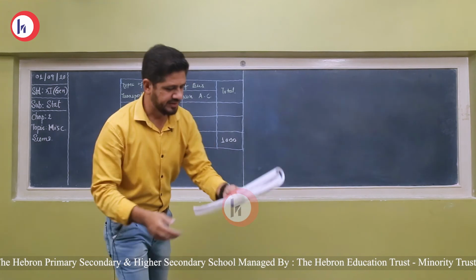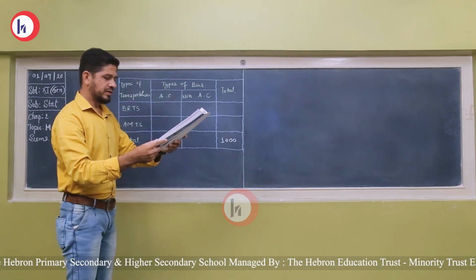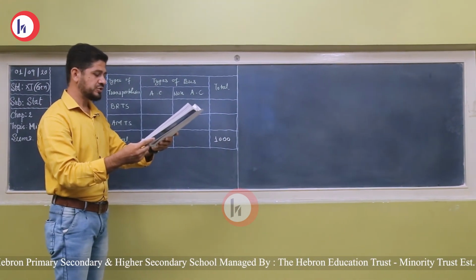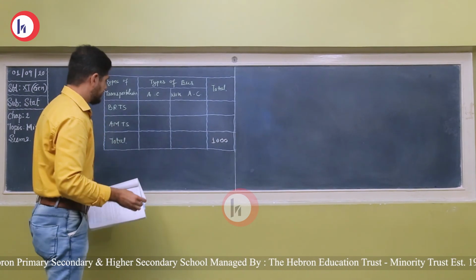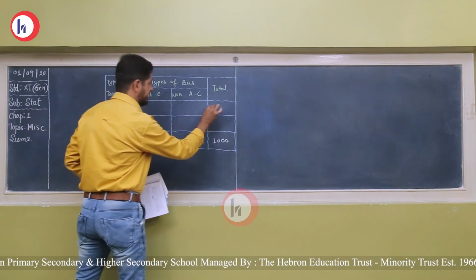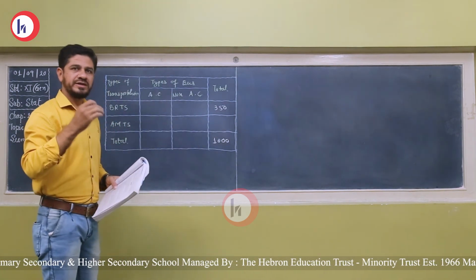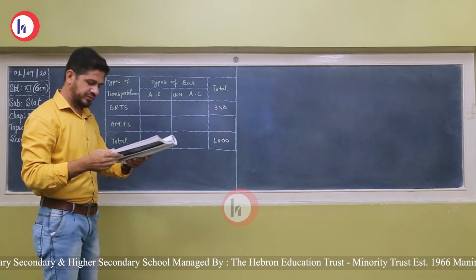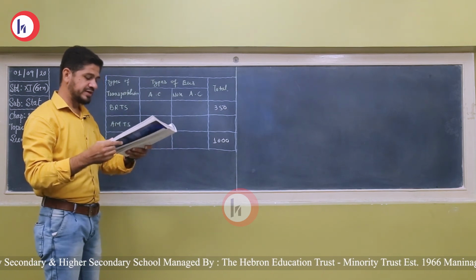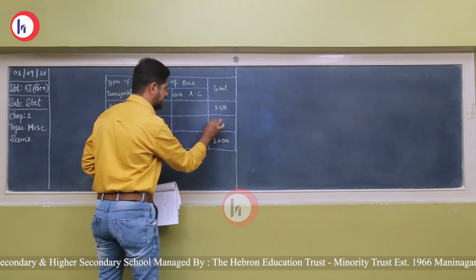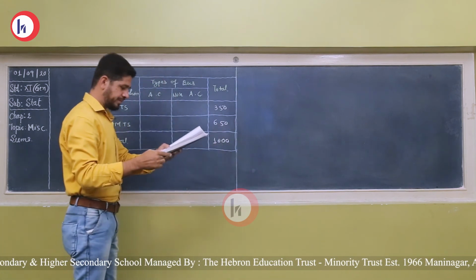Now it is given that of them 350 are used as BRTS. It is not given whether these buses are AC or non-AC. So 350 are used as BRTS and the remaining as AMTS. Remaining means 650.